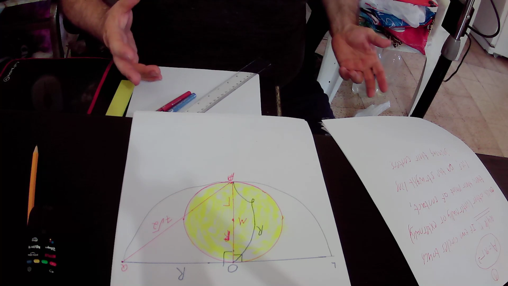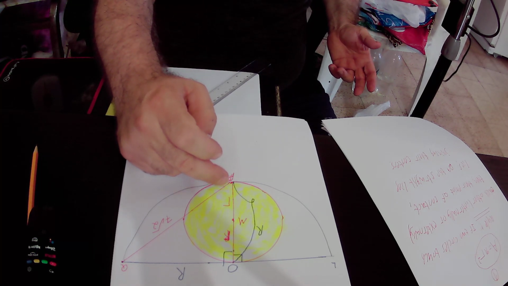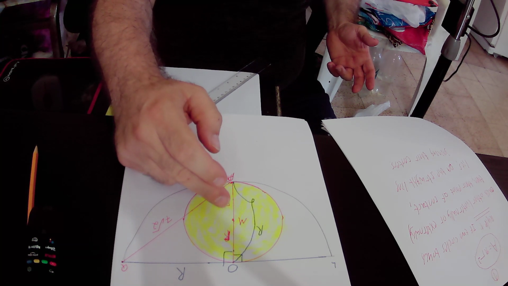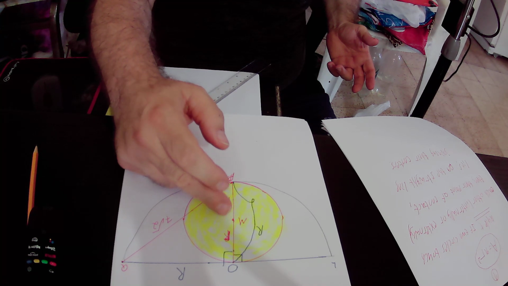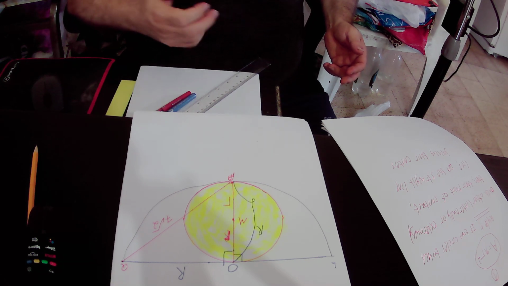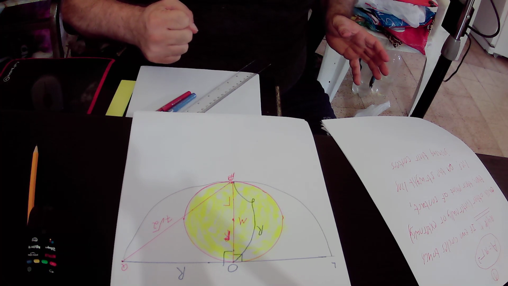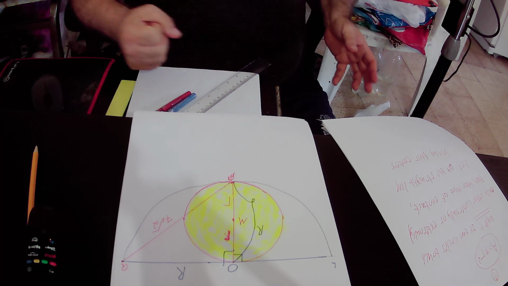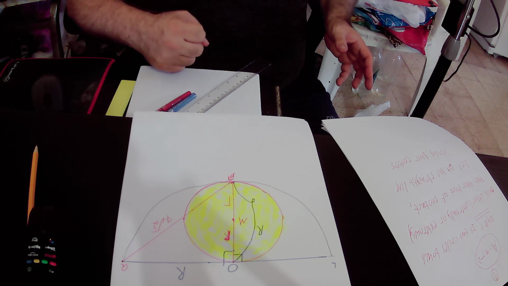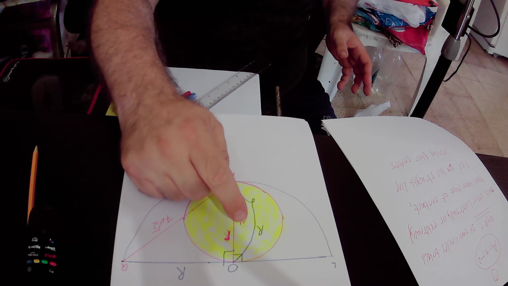Okay, and for that reason PO equals 2 times small r. PO is also the diameter of the yellow circle, and because PO is a straight line, we can deduce that PO is also the radius of the semicircle.